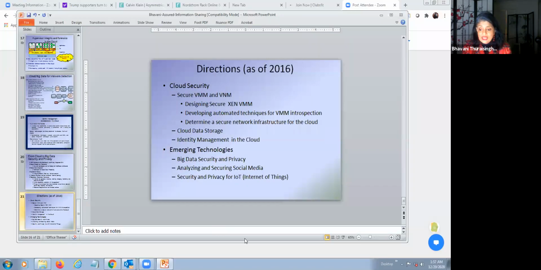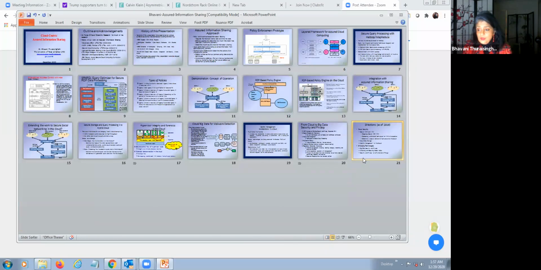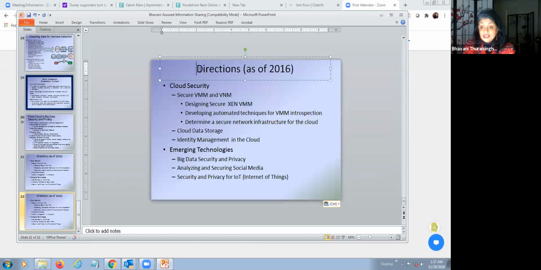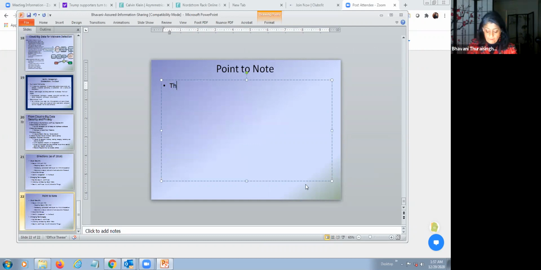And one more thing I wanted to mention, and if you all don't mind, I want to add that. I know I shouldn't be doing this, but again, it's very important. Please note, the point to note: there are 2 aspects. One is securing the cloud.